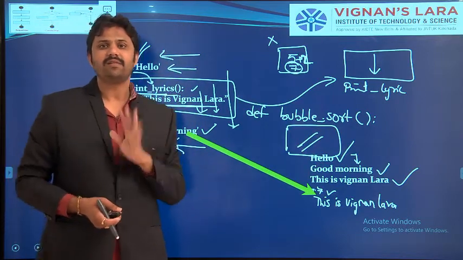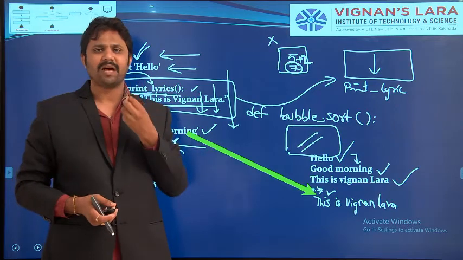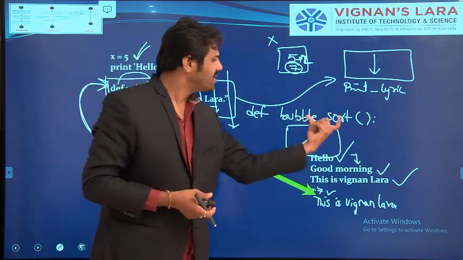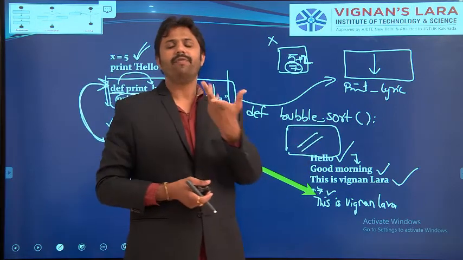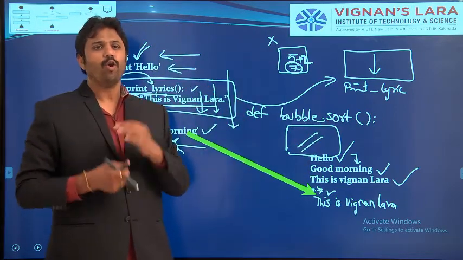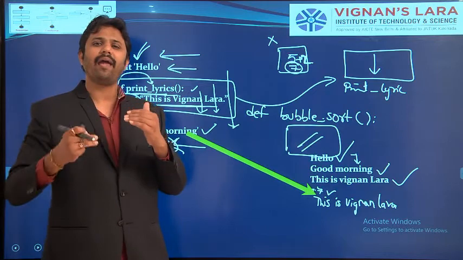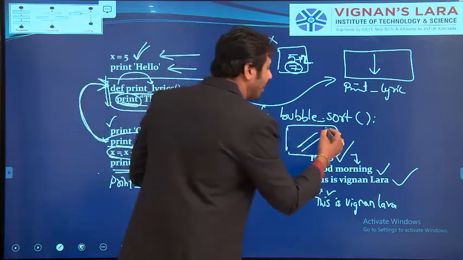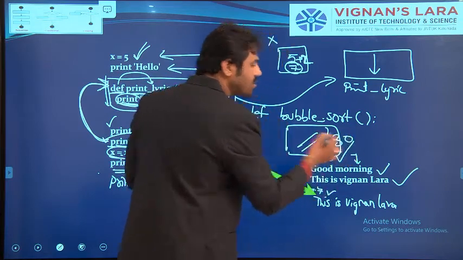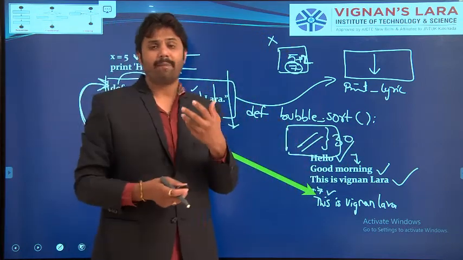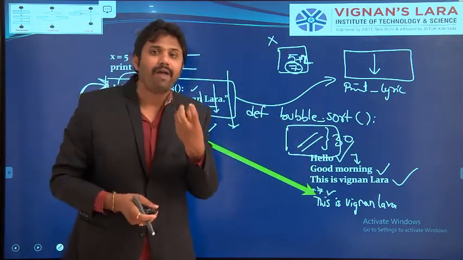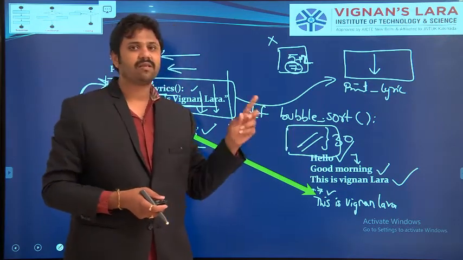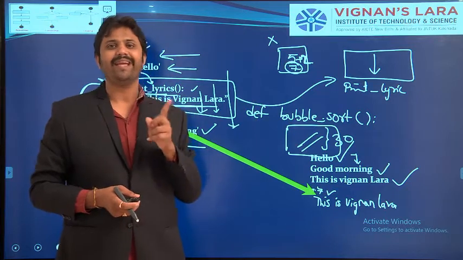For the next time, if you want bubble sort 5 times, you just call this function name and it will reuse it. No need to type those bubble sort statements again and again. For example, if this bubble sort contains 30 statements and you want it 5 times, you would repeat these statements 5 times. That means 30 into 5.